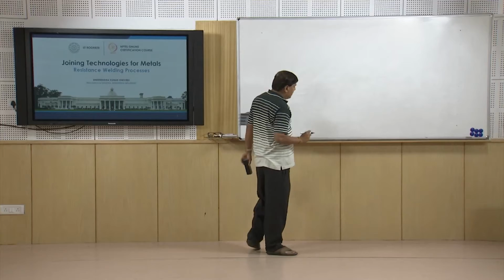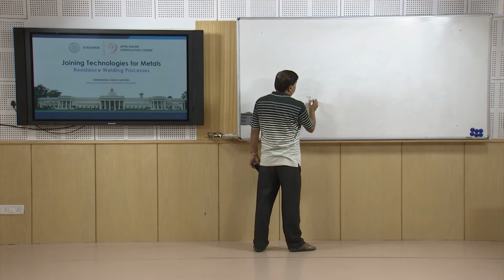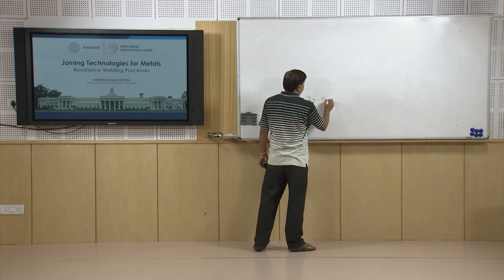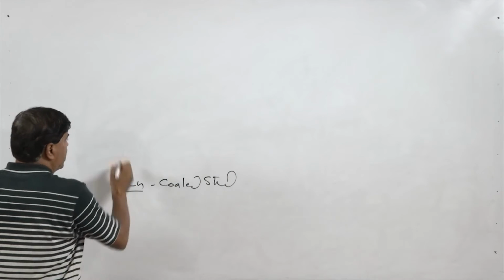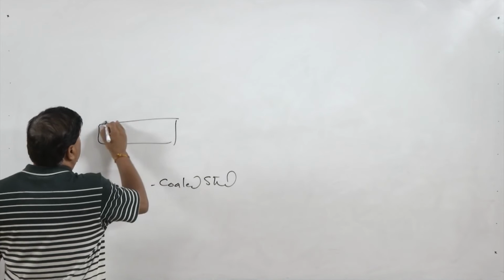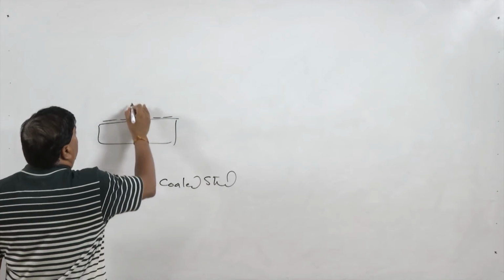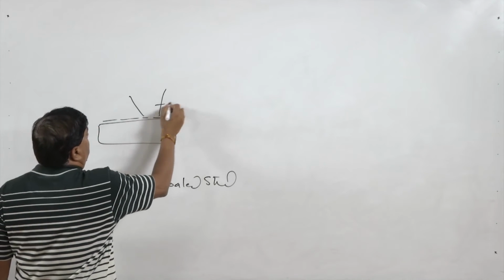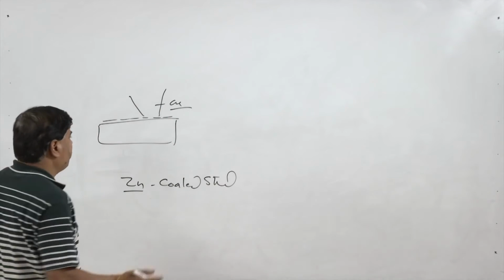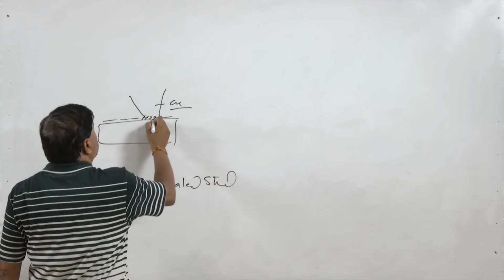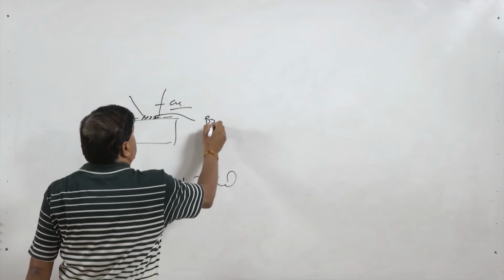This problem is mainly encountered when we weld zinc coated steels, like steel sheet having a coating of zinc, and when it comes in contact, the copper, due to the continuous heating, interacts with the zinc and forms brass.